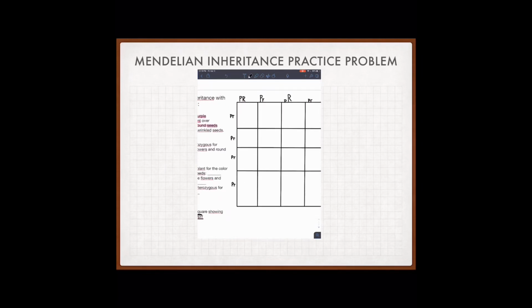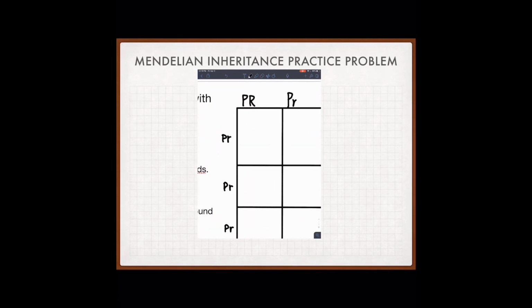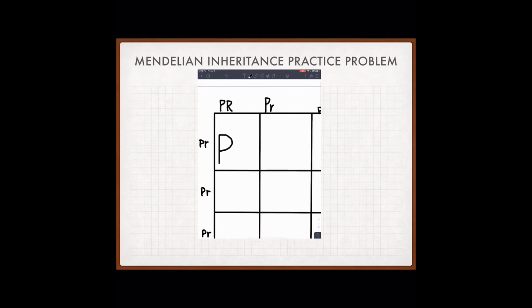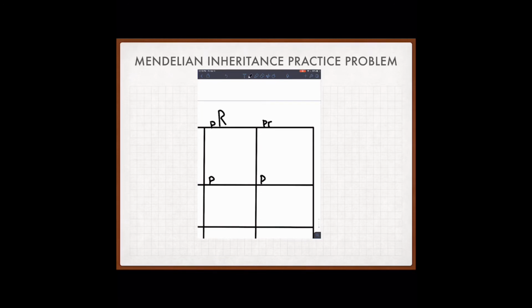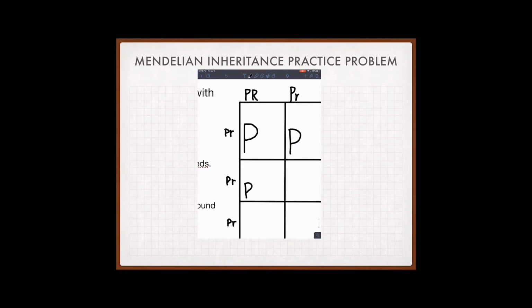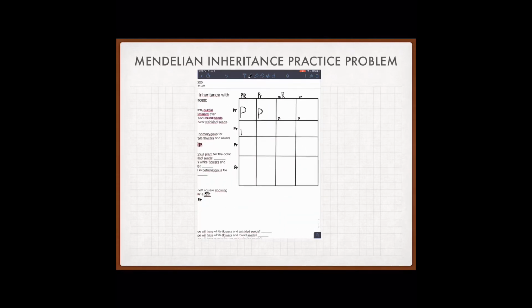Okay, so we're going to start by bringing down all of these capital P's, and we're just going to start working our dihybrid cross. Big P, big P, little p, little p.